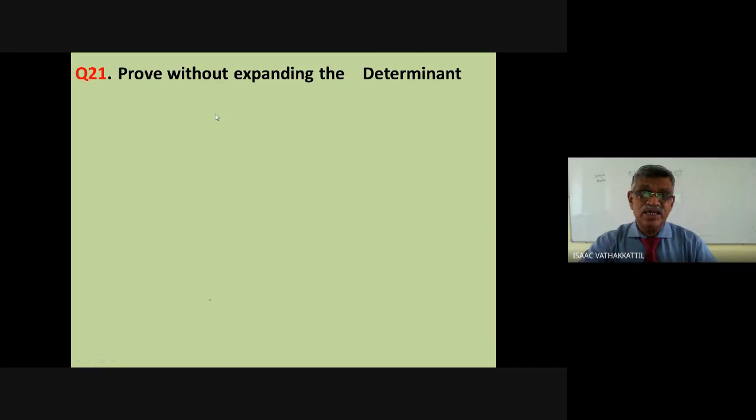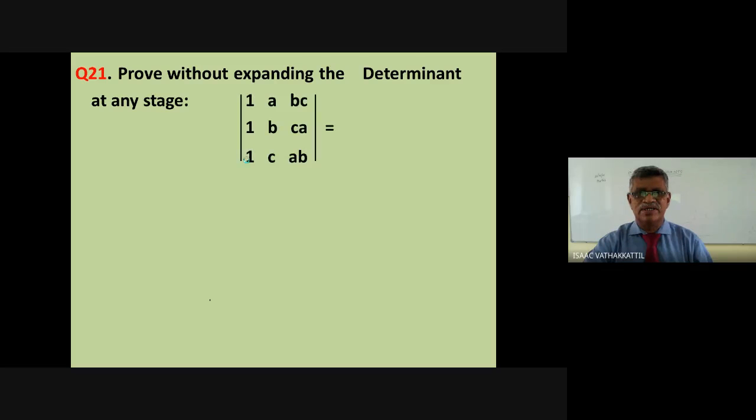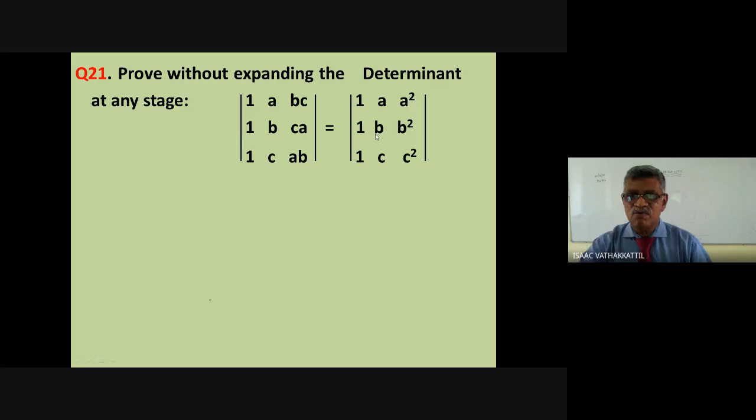Now the question is that without expanding the determinant at any stage, earlier we applied properties, and then we expanded at the last stage without any difficulty. Here you are asked to prove without expanding the determinant at any stage, 1 A BC, 1 B CA, 1 C AB equal to another determinant, 1 A squared, 1 B squared, 1 C squared.